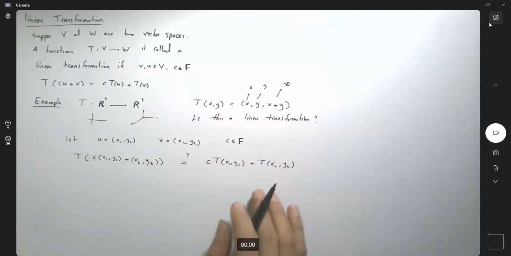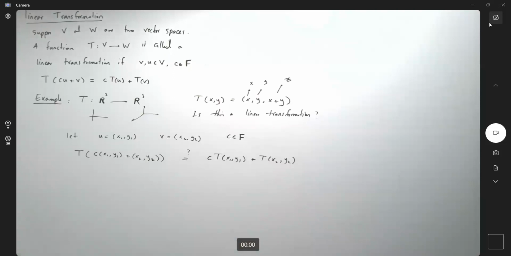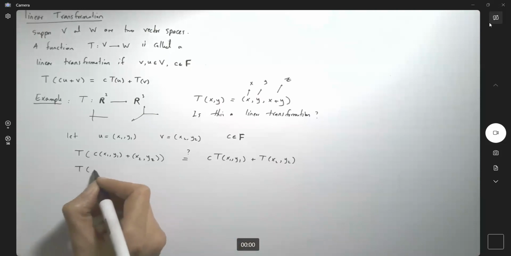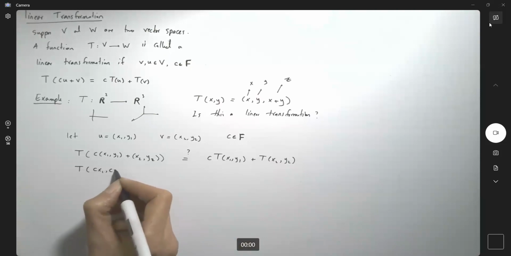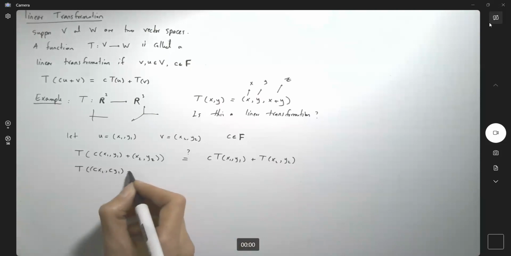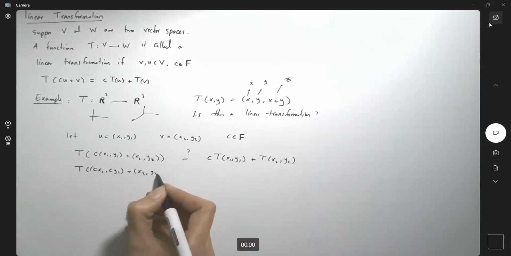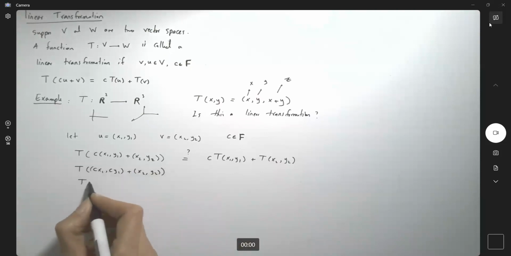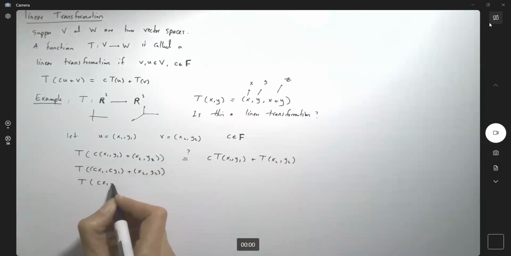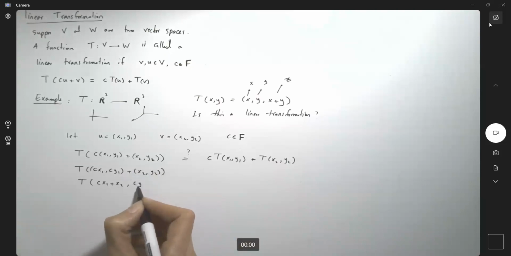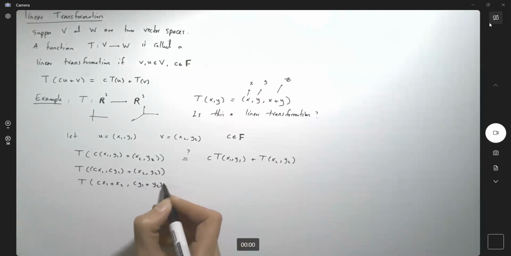We're basically checking if the left-hand side is equal to the right-hand side or not. So first, let us simplify this. This is T of (cx1, cy1) plus (x2, y2). This can be written as T of (cx1 + x2, cy1 + y2).